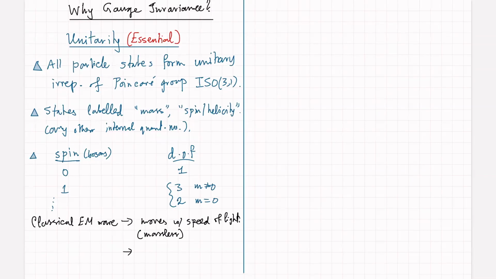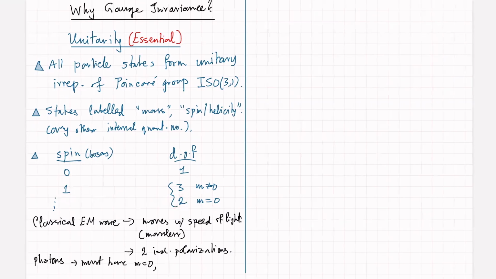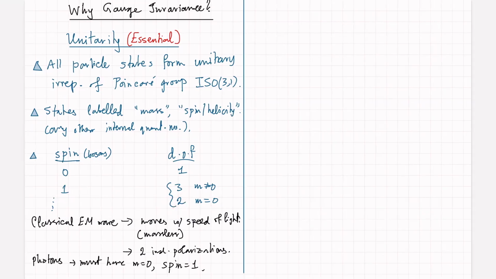And we also know that it has two independent polarizations. That tells me that whatever is the particle for this electromagnetic wave, which is what we call a photon, these photons must have m equals 0. And from this table, if m equals 0 and it has two polarizations, then it must have spin equals 1. And therefore, Wigner tells us that it should have only 2 degrees of freedom on shell.